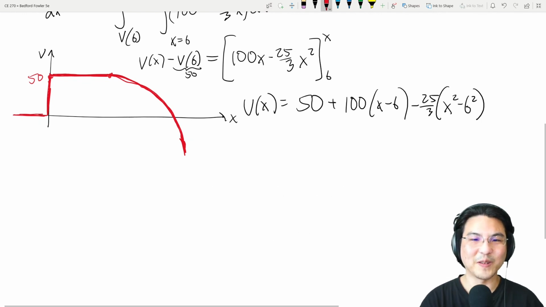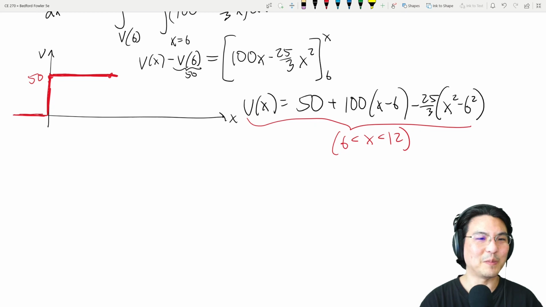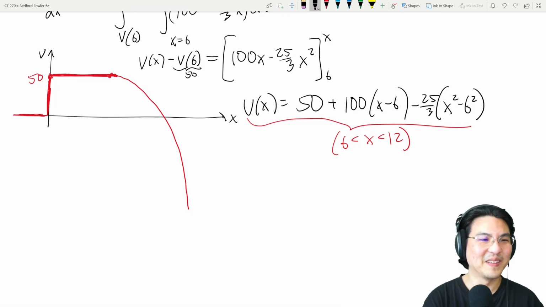Again, this is the function when we're between 6 and 12. Okay, so actually it should be a little bit steeper. So it kind of goes like this, because this is supposed to be negative 250.